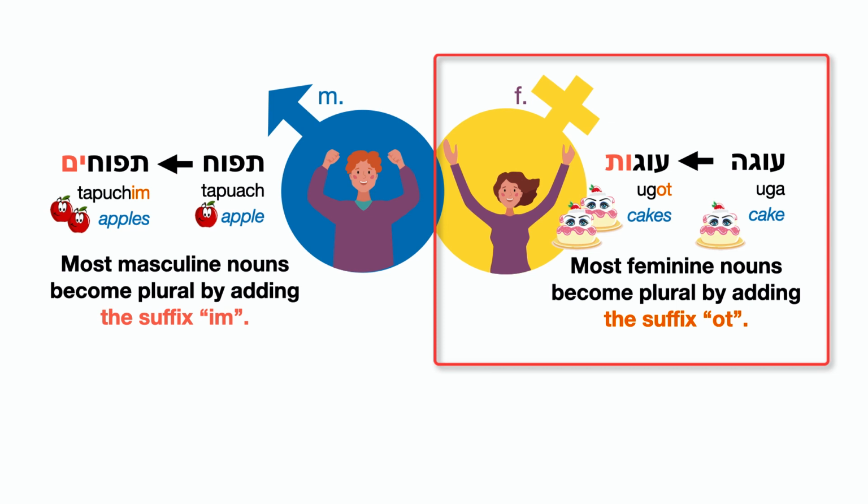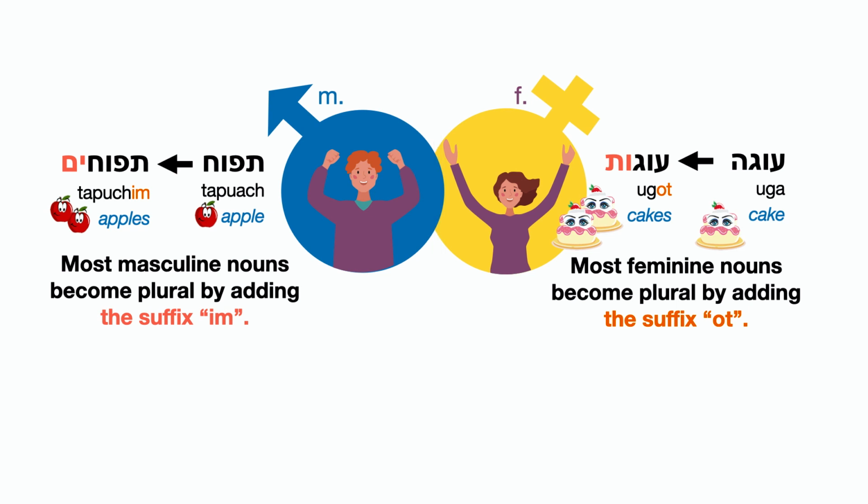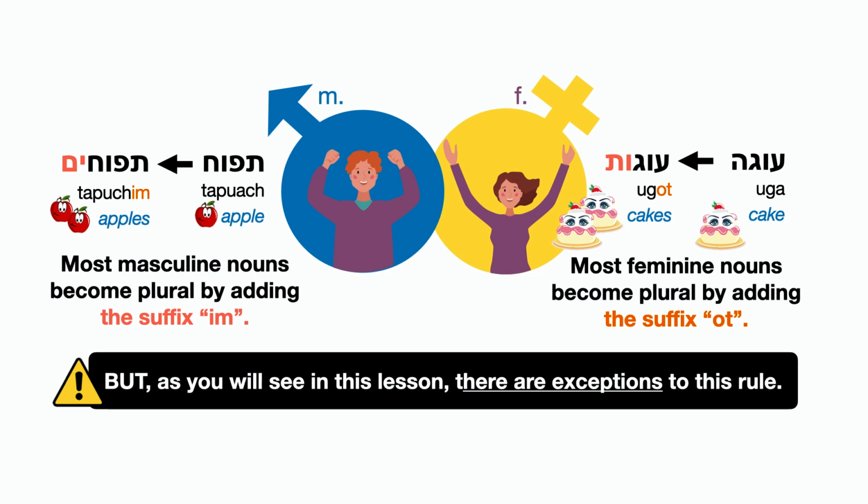So we have a feminine noun here, uga, that means cake. And to make it plural, we add ot. So it becomes ugot, cakes. So this is the general rule. But as you will see later on in this lesson, there are exceptions to this rule.